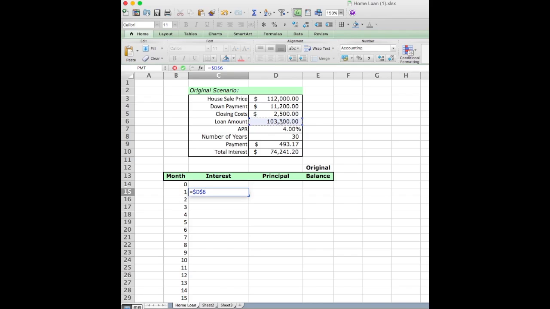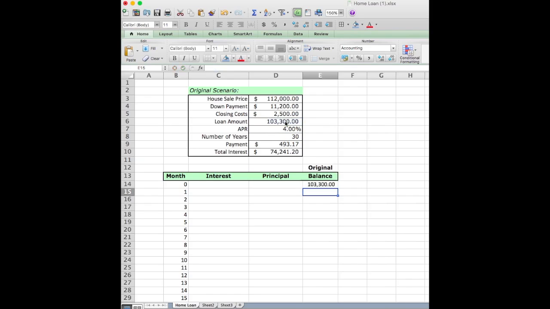So remember, you're going to push F4 so that it's always referring to this part right here. Actually, I guess I don't want to do that on this. Scratch that. So here we go. We're going to go to the balance, and I'm going to say that that equals the loan amount, and then hit enter.